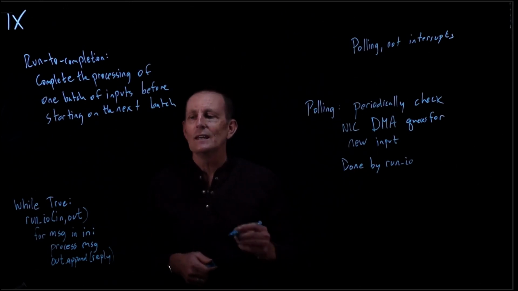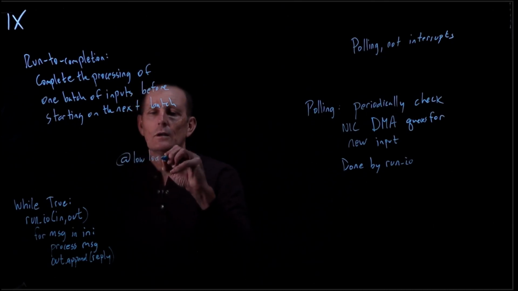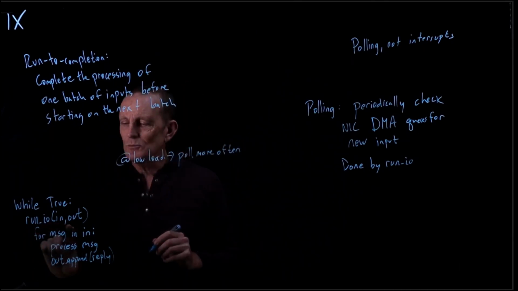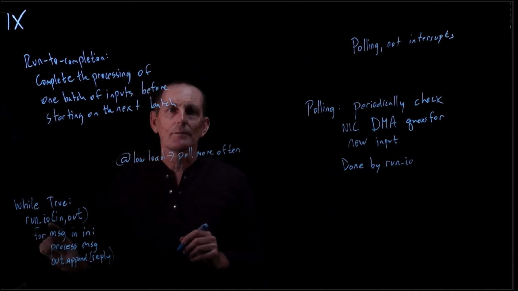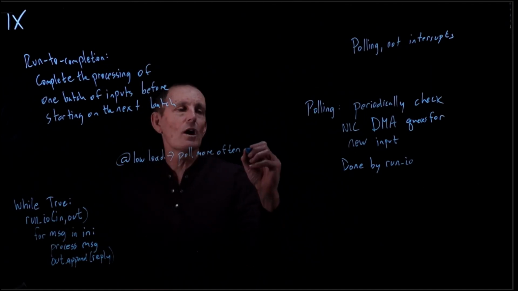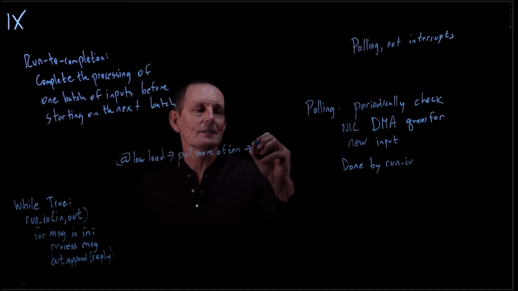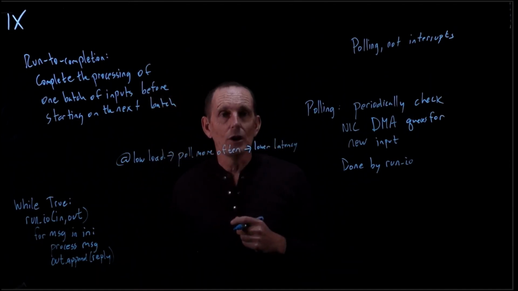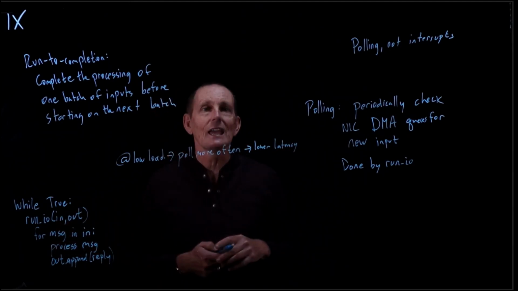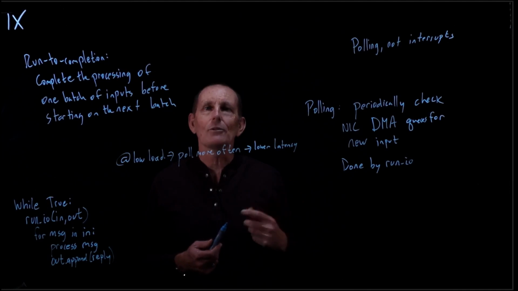So what's happening is at low load, we poll more often. Right? At low load, this processing, this for loop, is going to be quicker. At high load, this is going to be slower because we have more messages. Polling more often implies lower latency. At low load, we might be just going and calling run IO and getting an occasional packet, and we're going to pick up that occasional packet right away.